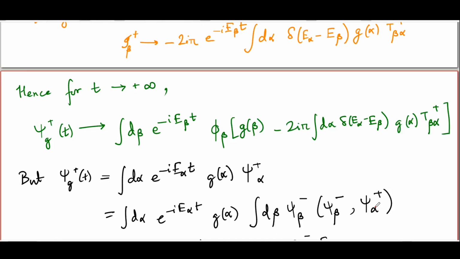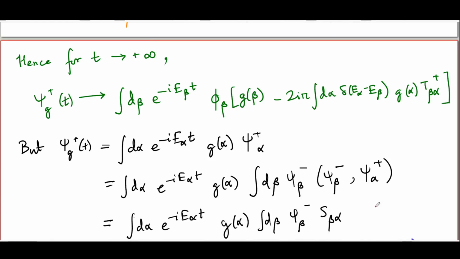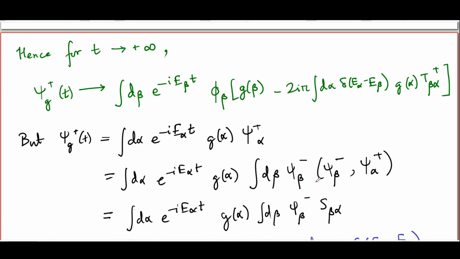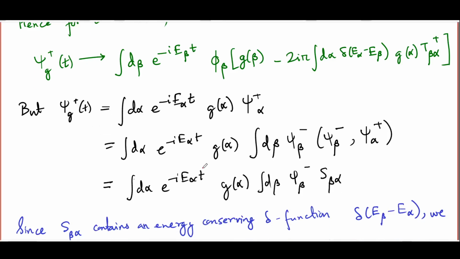But now we know that psi g plus t would essentially behave like psi alpha plus a superposition with the weight G alpha multiplied by e to the minus I E alpha t. And that, if you use the fact that the out states, psi beta minuses, form a complete orthonormal state and expand the psi alpha plus in terms of that, ends up giving you this expression.